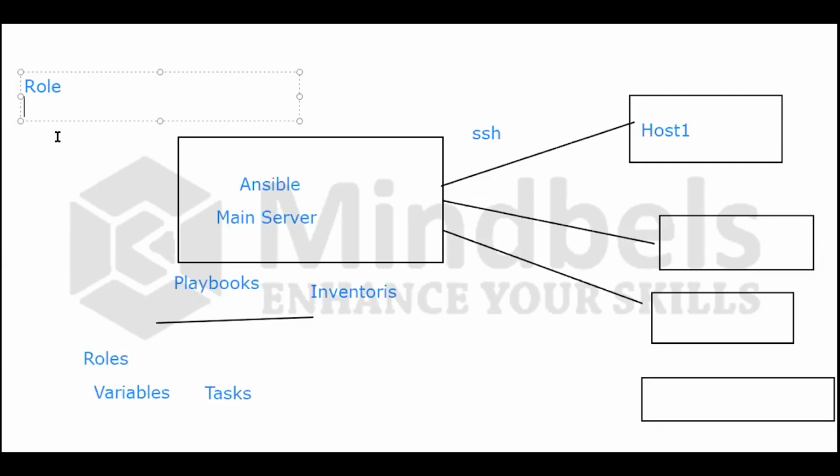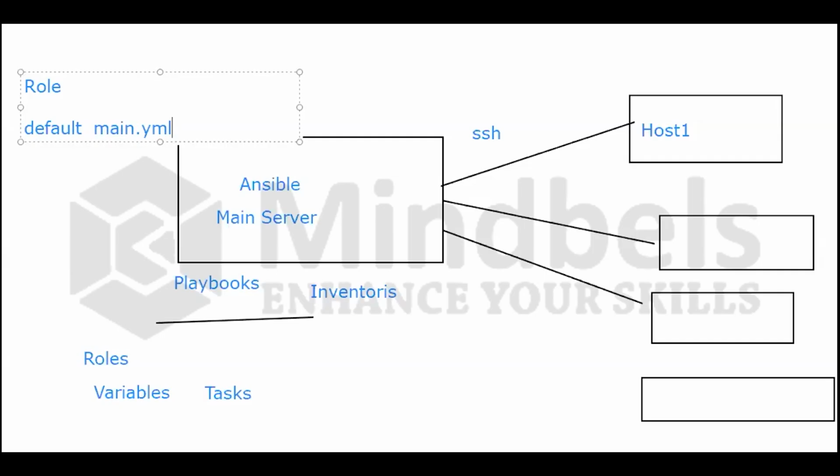So there may be a default role. The default role is nothing but, suppose in default we have one main.yaml file. In the default role, Ansible will go to the main.yaml file.